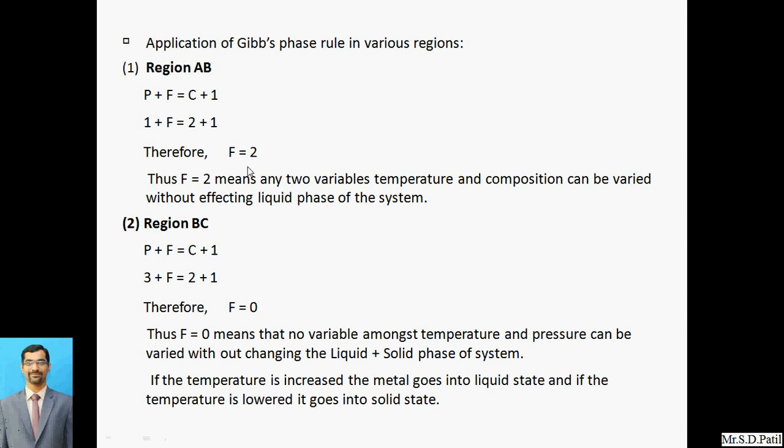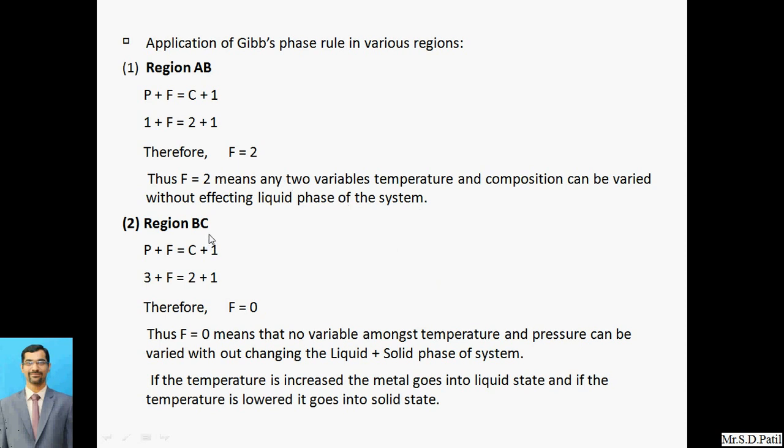When we solve it, we get F equal to 2 in this phase. What is this 2? These are the two variables, temperature as well as composition, which can be varied without affecting the liquid phase of the system. So that is how we get 2.